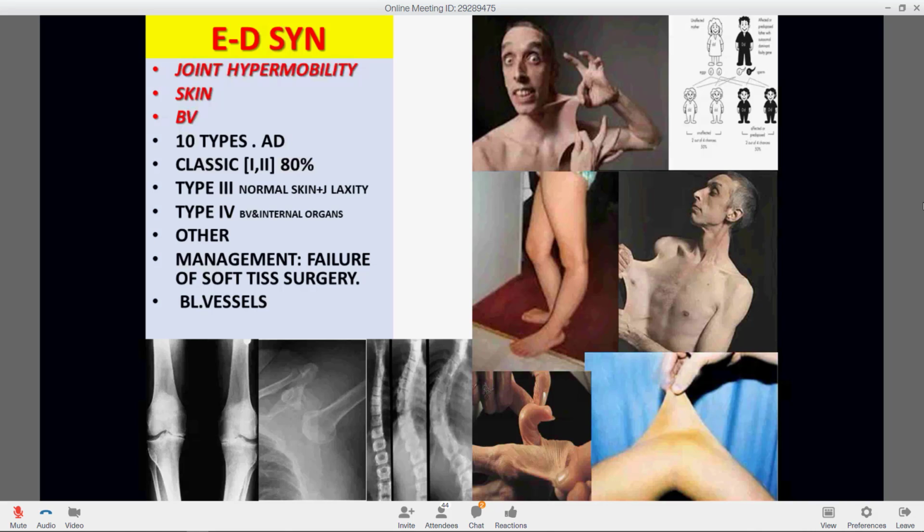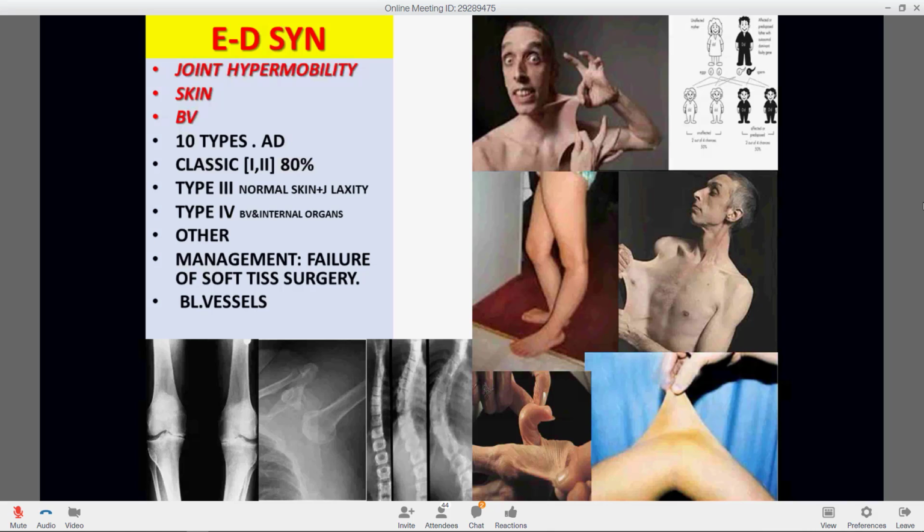Type 4, there are blood vessels and internal organs that may bleed abnormally, and the joints and skin are normal. And there are other subtypes. In conclusion, Ehlers-Danlos is a condition in which the patient may have joint hypermobility, skin laxity, and blood vessel fragility.